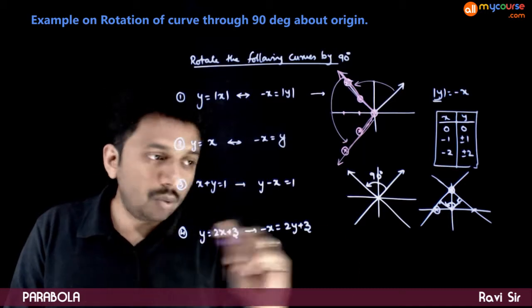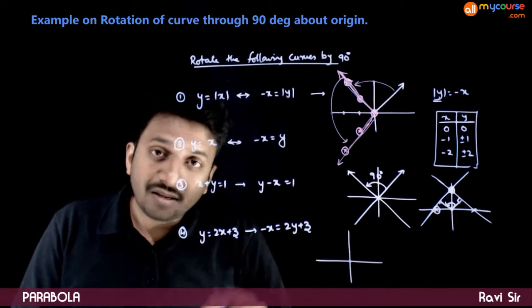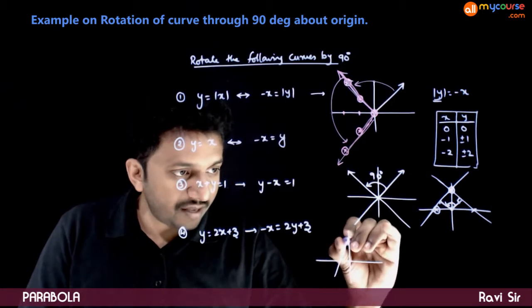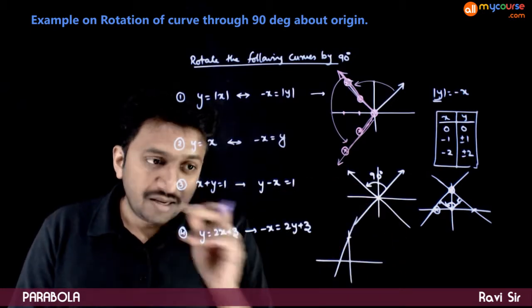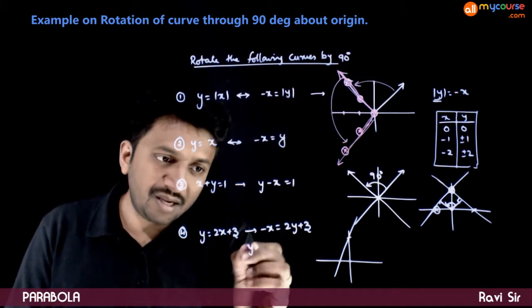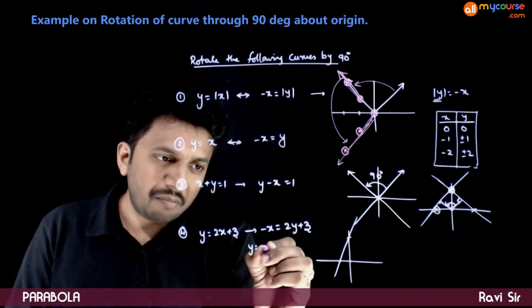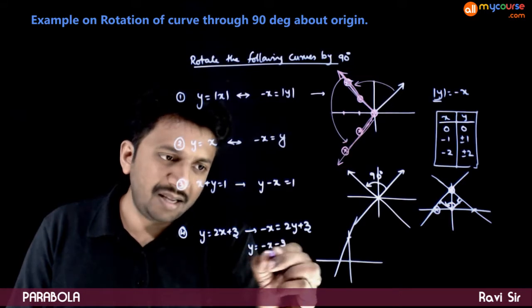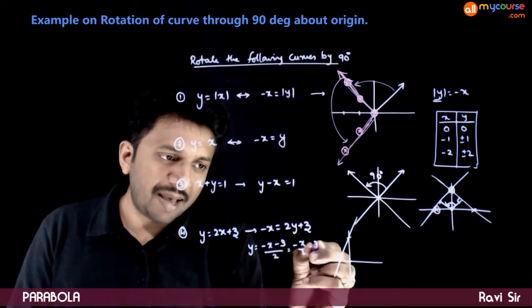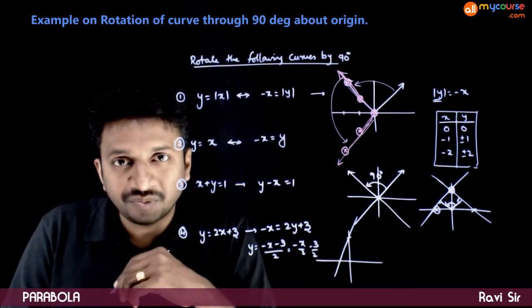Similarly, y is equal to 2x plus 3. The slope is 2 and the y-intercept is 3. So you have a line like this. Now the next line is y is equal to minus x by 2 minus 3 by 2.